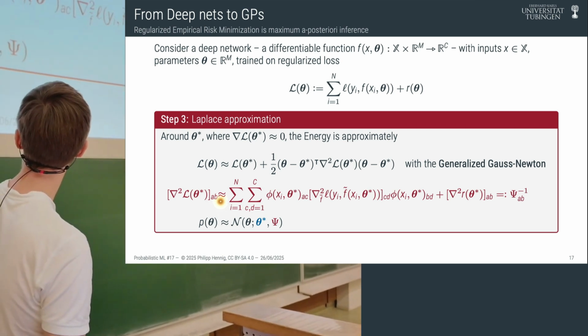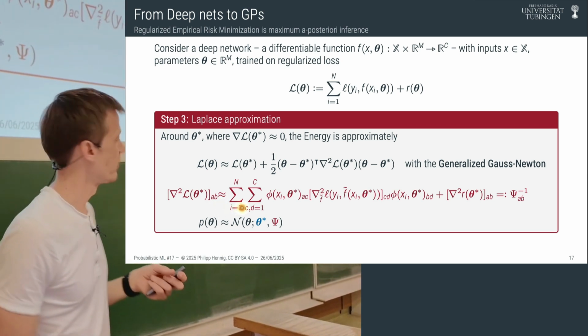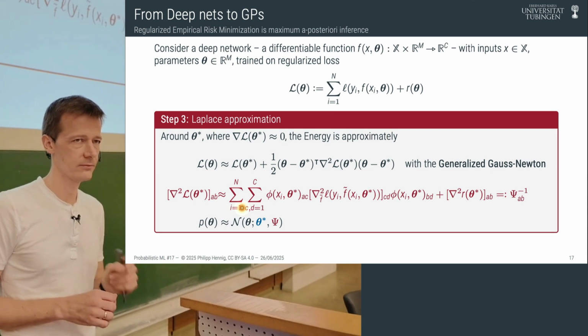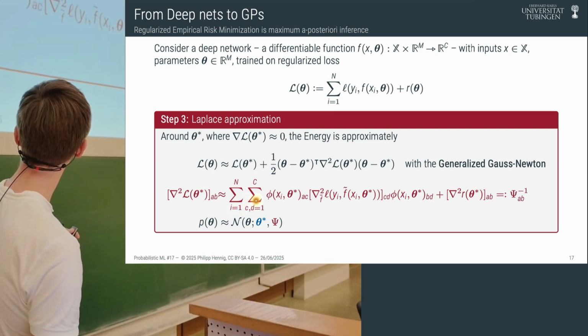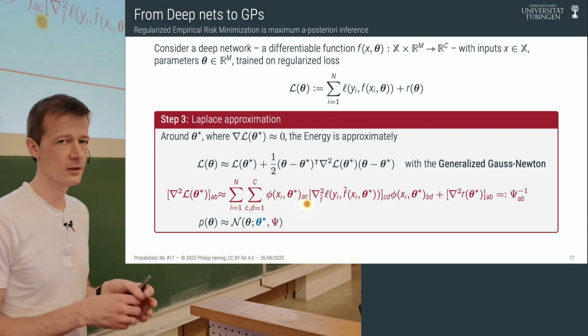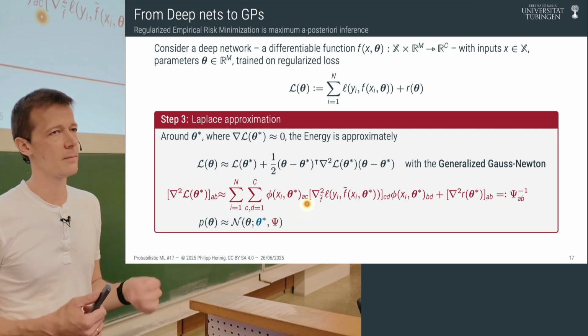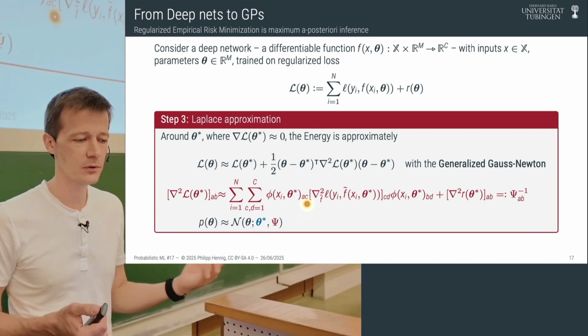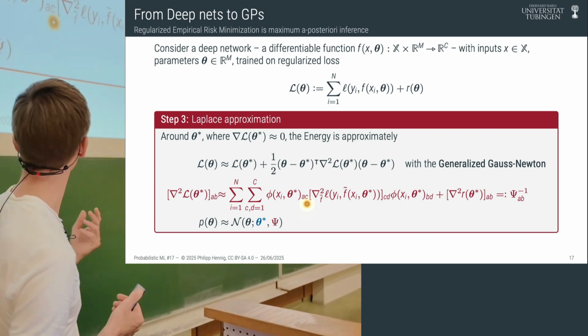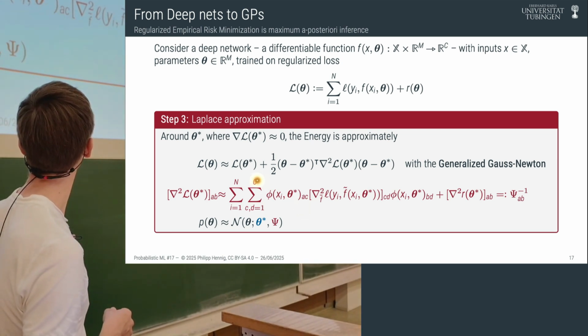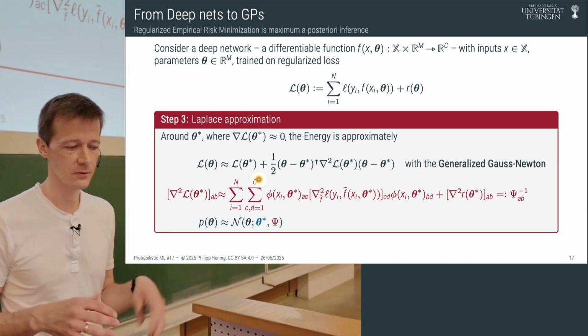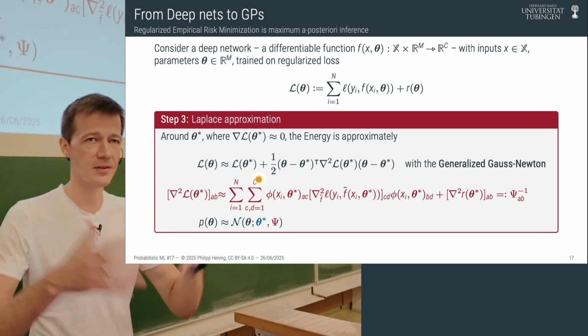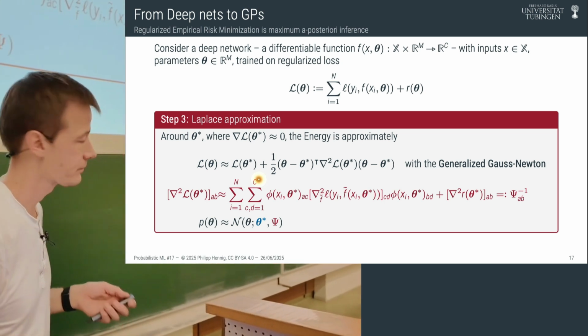And then that matrix contains a sum over the entire data set from 1 to n, and then a second sum over all the outputs of our function f. So for binary classification or regression, there's only a single output, but for multi-class classification, there might be C outputs, for the number of classes. So for example, if this is an ImageNet model, there may be 1,000 classes that we're summing over.